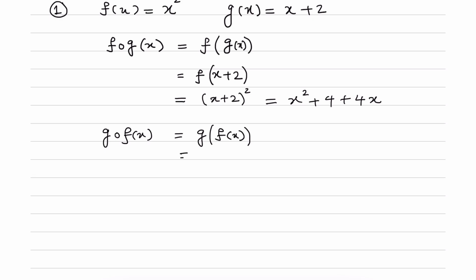We deal with the inside function first. The inside function is f of x, so we will put the value of f of x, which is x squared. Now we will forget this x squared, and now the time is to deal with g. So we will write down the outside function g, and the g function is defined as x plus 2.